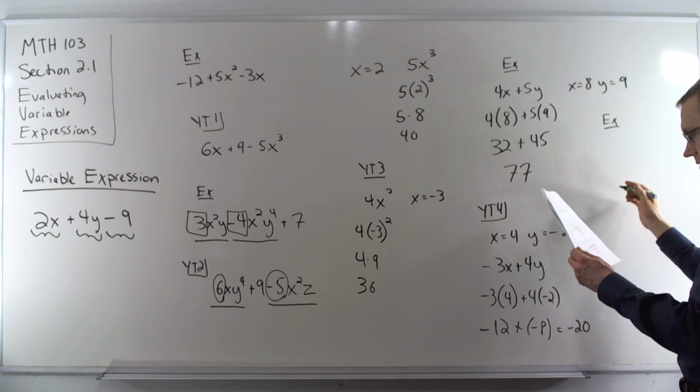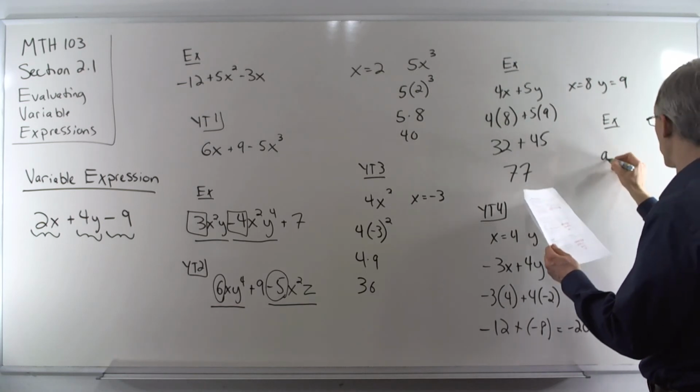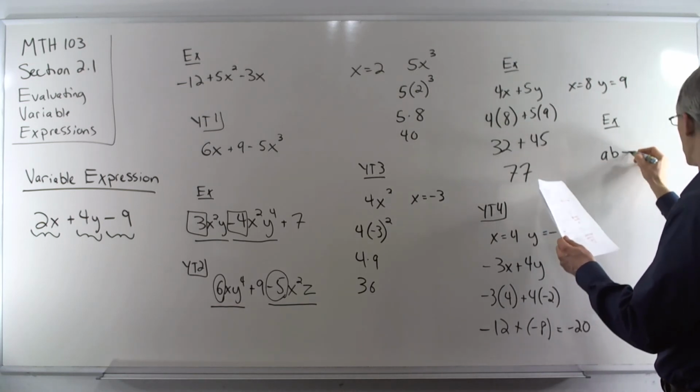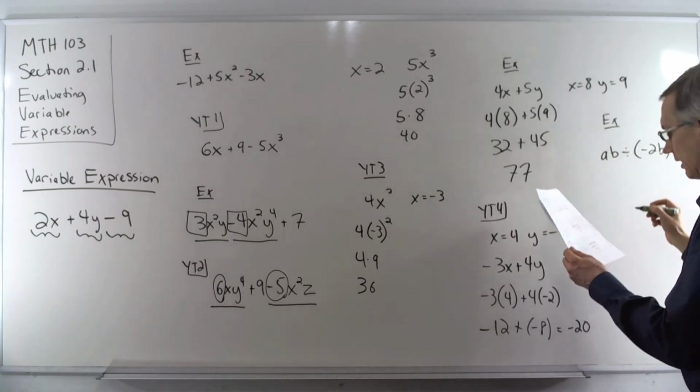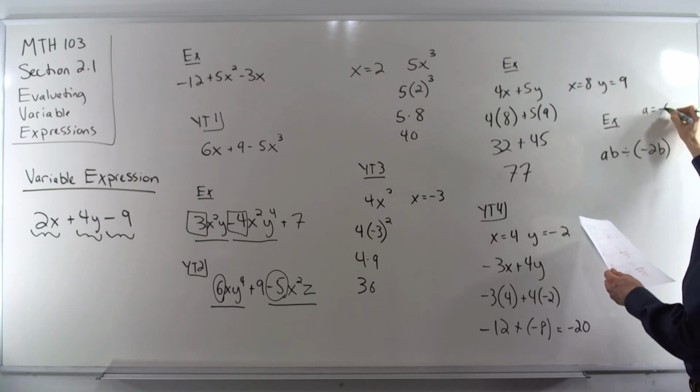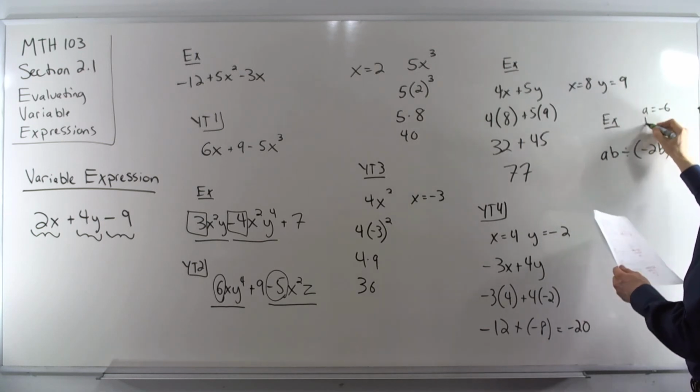Next example, we're going to evaluate ab divided by -2b when a equals -6 and b equals 4.